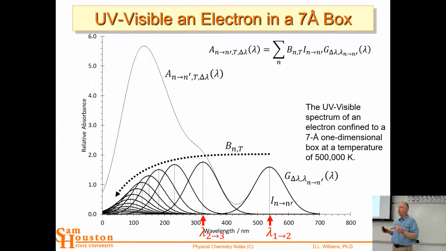And so here I've broken it apart into its various pieces. So this A, this absorption intensity, is the total curve here that's being shown. So this is that total piece. And then this Boltzmann population is this dashed line right here. And notice how it goes down to 0.